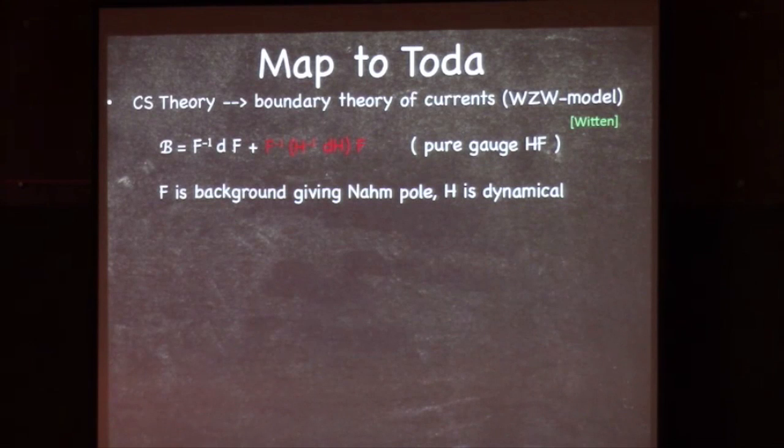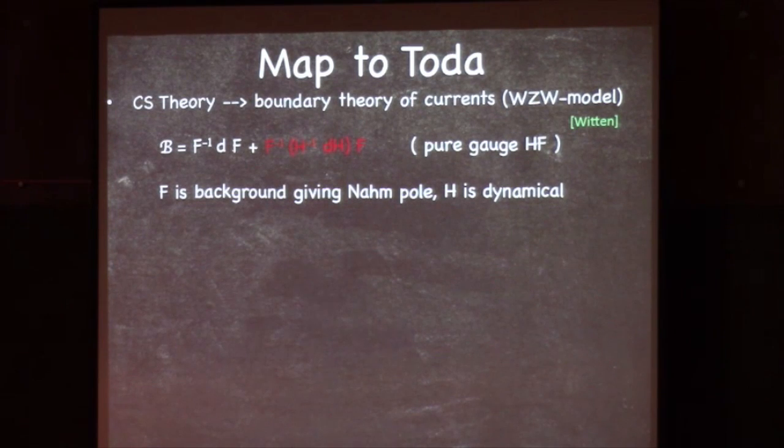Okay, so let's be somewhat more explicit. The boundary theory of Chern-Simons is well known. If you have Chern-Simons on a manifold with boundary, you get a WZW model, and we can use that as an intermediate step. So we take the field B, which is our SL(N,C) connection, and it's flat.